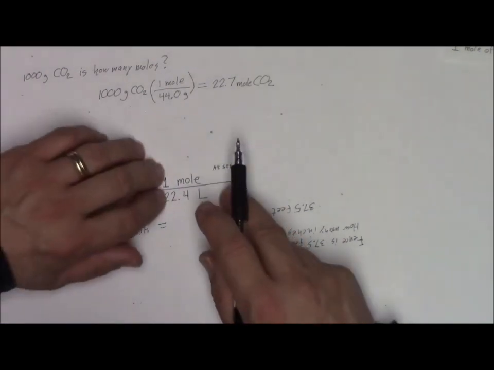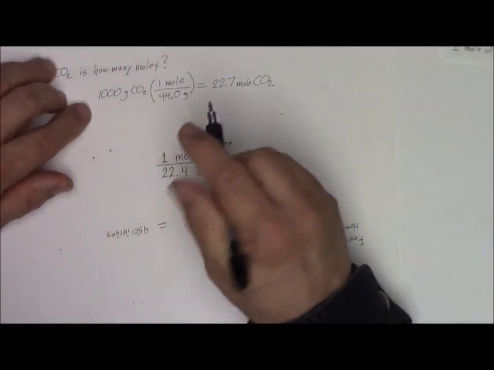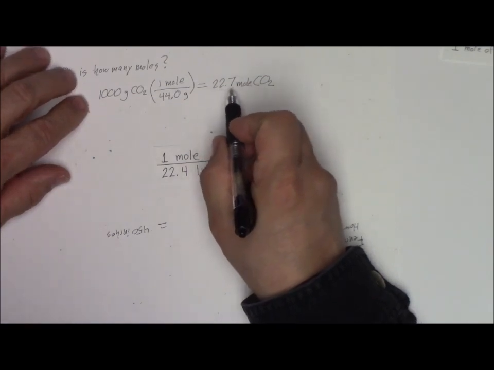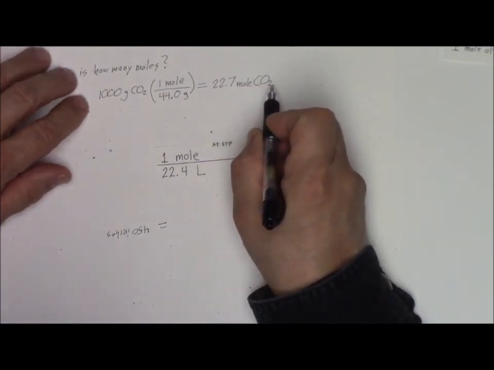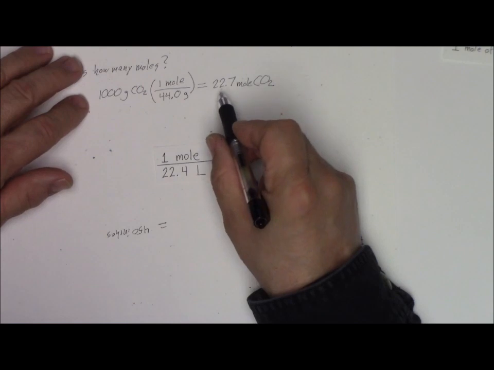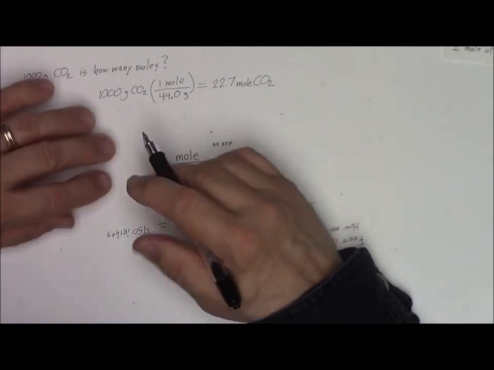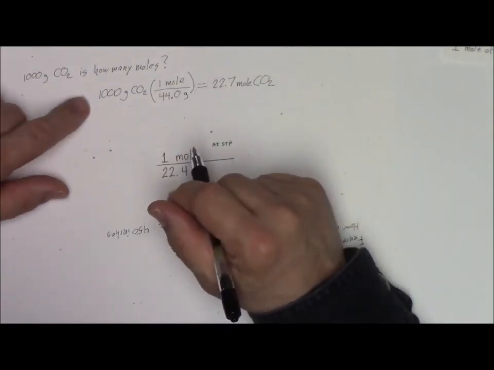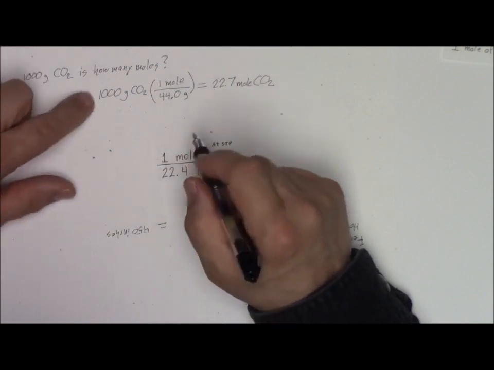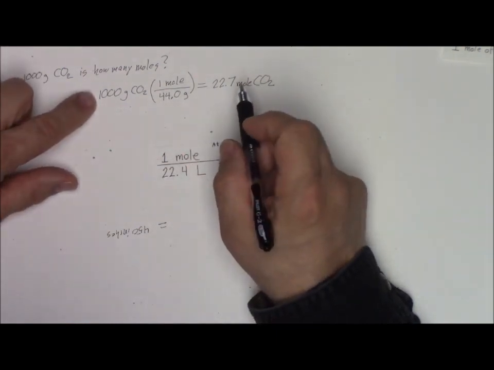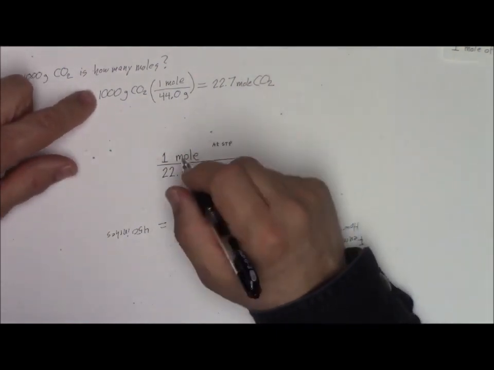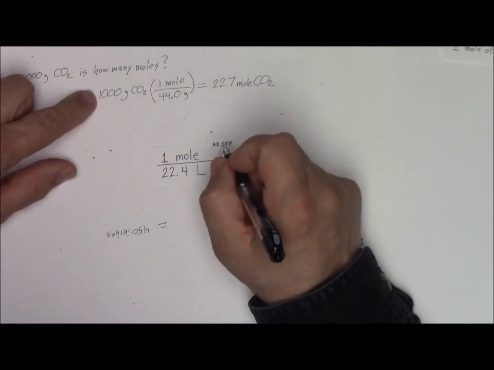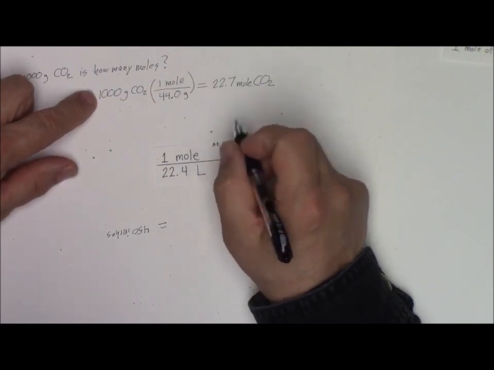So let's see if we can use that. Looking at the previous problem, we had 22.7 moles of CO2. Let's say we let that dry ice sublime and fill up a balloon with it, and let that balloon have a temperature at equilibrium of 0 degrees C and 1 atmosphere.